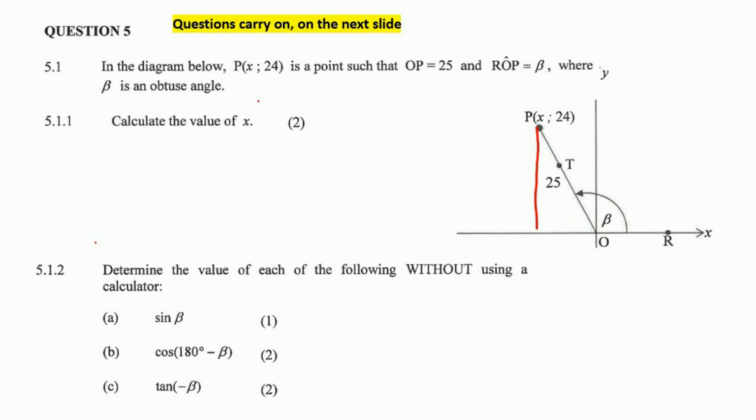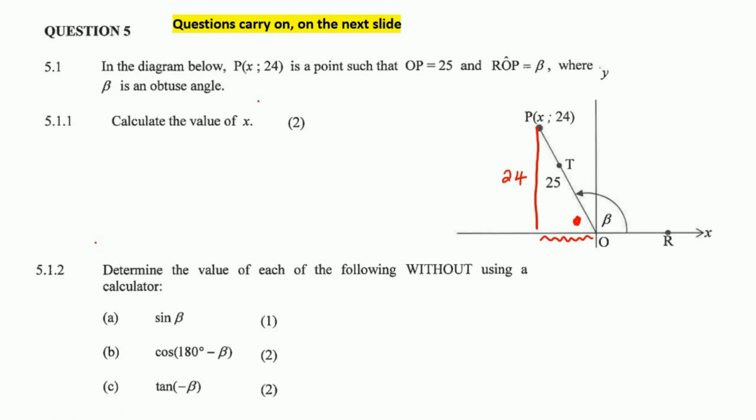Even though the angle's on the outside, you're just going to work from this little angle on the inside. You are never going to try work out this angle and say, oh, that's 180 minus beta because of angles on a straight line. We don't do that. You're just going to work from this angle. Okay, so we know that this length here is 25. This length here. This is a y value, so that means that this length is 24. And so you need to work out this distance over here, because then that will help you to work out the value of X. So to do that, we just use Pythagoras.